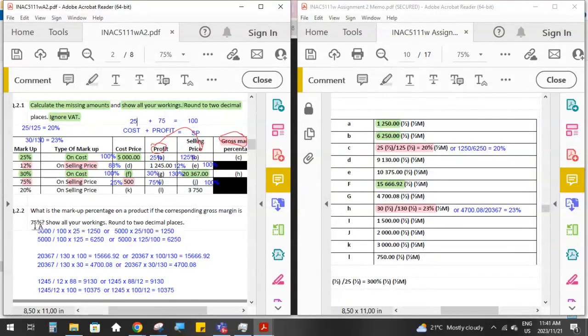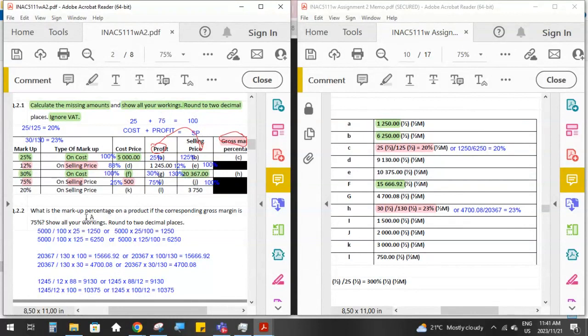Okay, gross margin is 75, so we write 75 in the profit column. Because it's gross margin, it means it's 75% of the selling price. So selling price is 100. So our missing number is 25. Okay, over there. So now we've got 25 plus 75 equals 100.